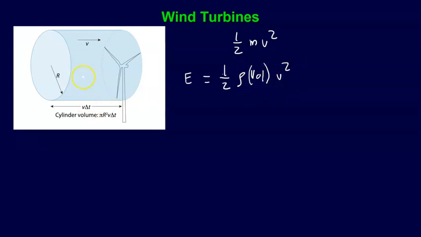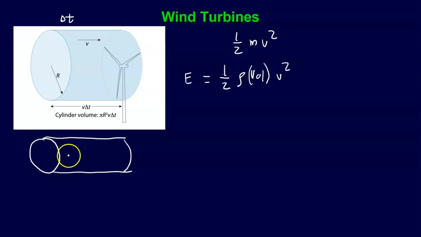And for volume, we use this picture from the book. This is the volume of air that hits the turbine in some period of time that we'll call delta t. To draw this out a little bit, the volume of this thing here is the volume of a cylinder.